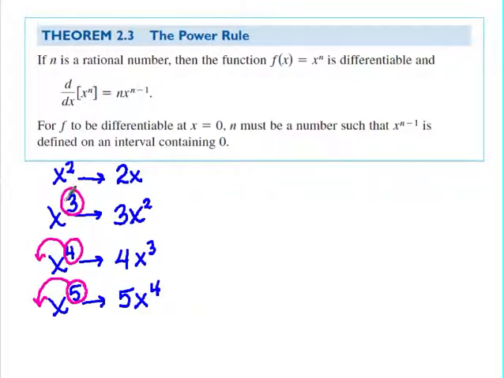Take the 3, move it around front, subtract 1 from the exponent. So that's written in general: you take the exponent, move it around front, and subtract 1. Got it? Now let's look at some of those.